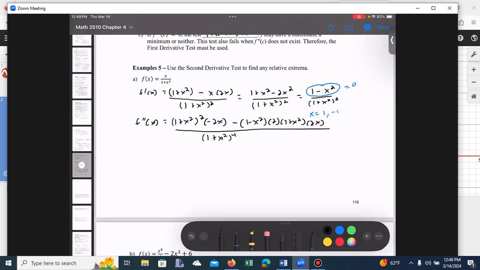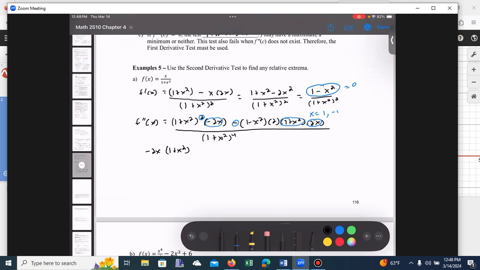We'll factor out, let's see, a 1 plus x squared. So that factors out one of these. We can factor out a negative 2x. That takes into account this negative sign, that 2x. And we factor out this already, so this is taken into account.